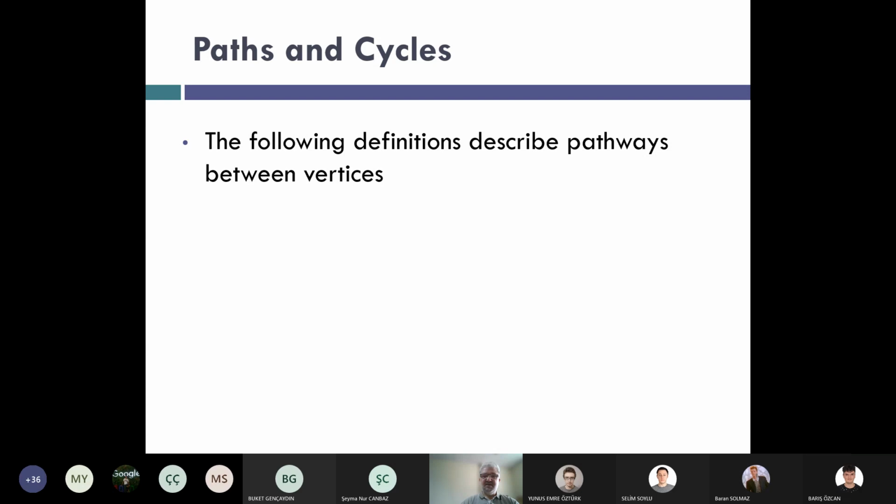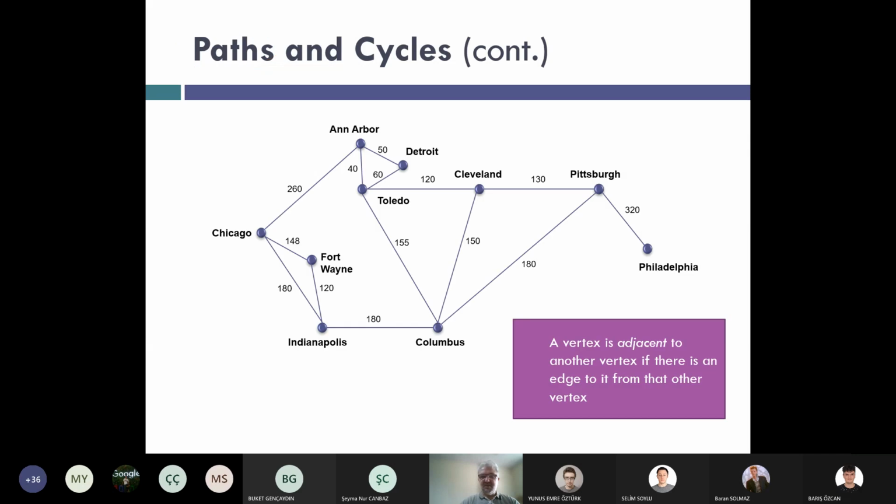So we can define paths on these graphs. On any graph we can define paths, even for directed graphs. A path is a sequence of vertices.